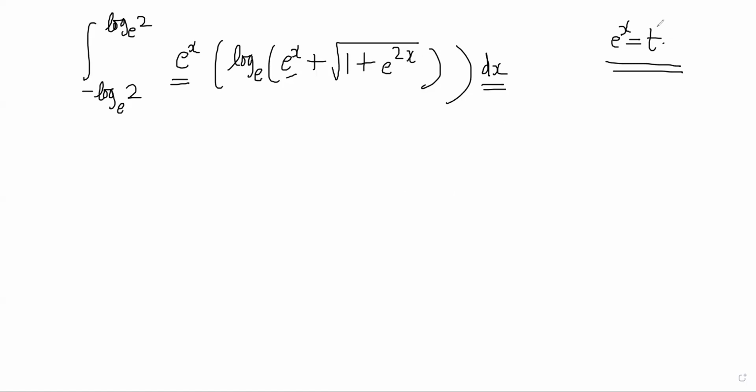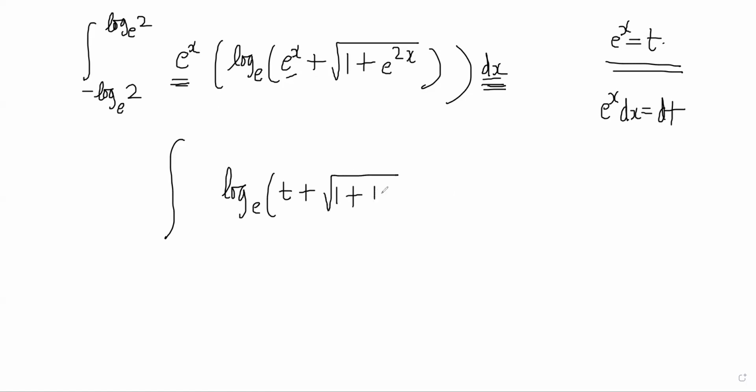Yes, sir. So if you do this substitution, you will get e power x dx equal to dt, and the integral will look a little better now. You will have e power x dx converted to dt, and you will have log of t plus root over 1 plus t square dt, and you should change the limits also now, right?